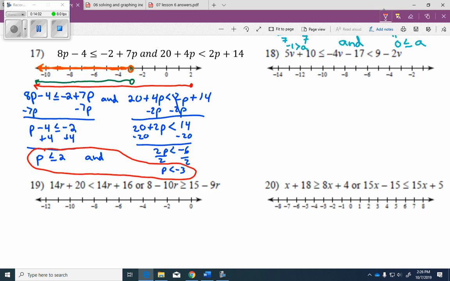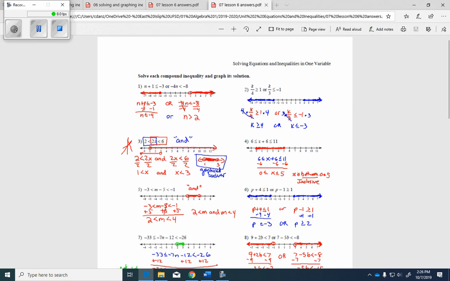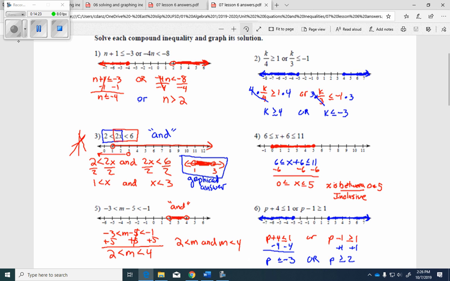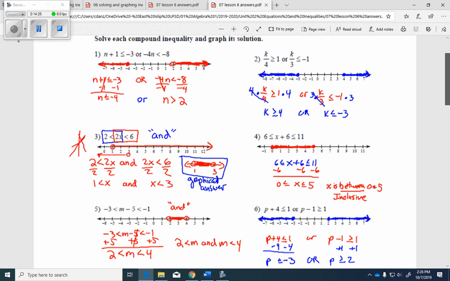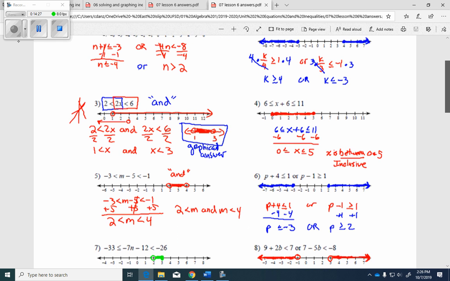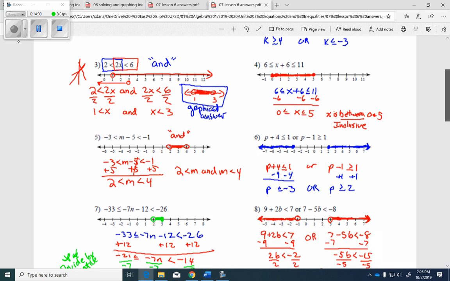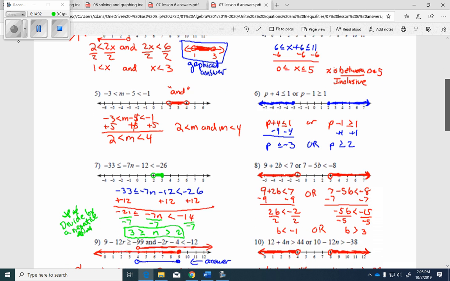So I'm not going to do all of the rest. I think this is enough practice. I'm going to post all the other answers for you. I will show them to you right now, actually. So these are the answers all worked out. And what you're going to have to do is maybe pause so that you can check your answers, because I'm just going to show them all to you by scrolling.